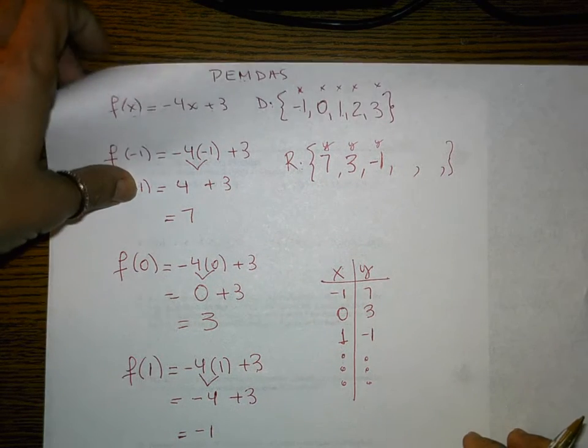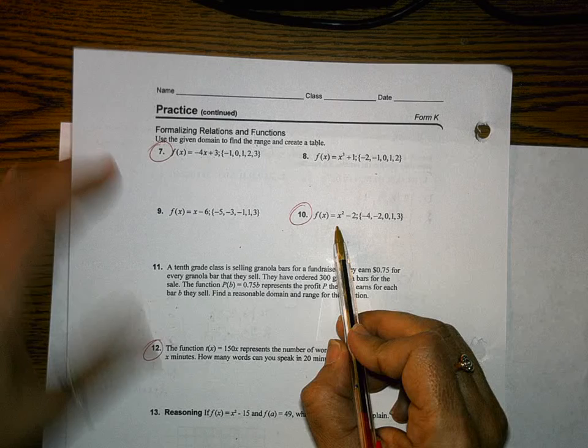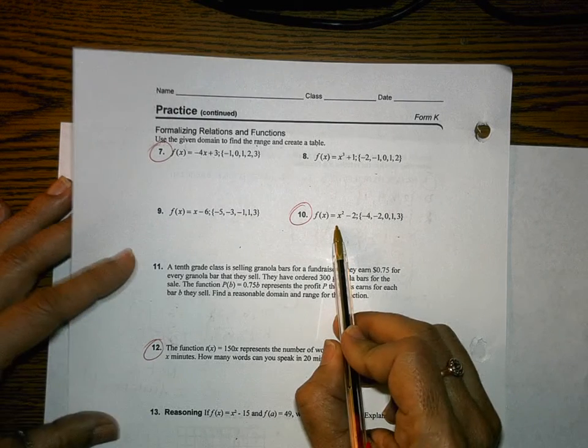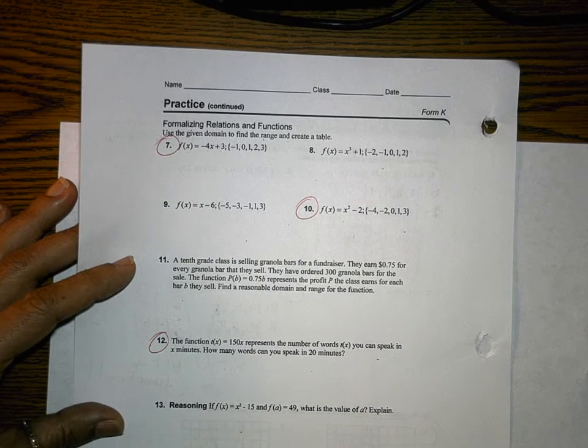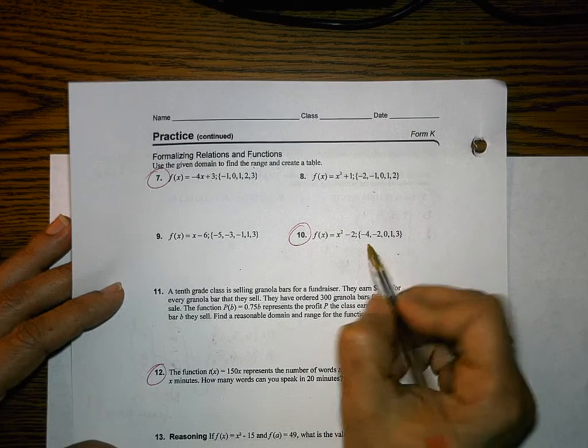And unfortunately I ran out of time, but I might create a second video and try to finish a couple more problems here for the number 10 and for the number 12. Okay, so you might have 2 little chopped up videos of how to solve this, but the concept is the same.